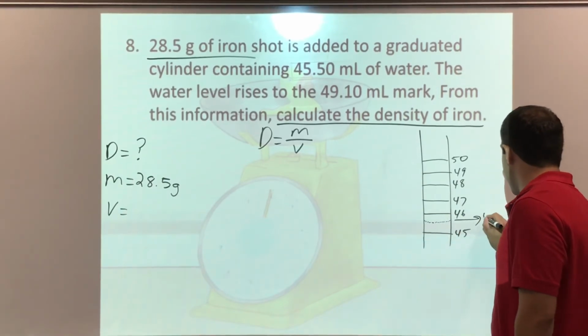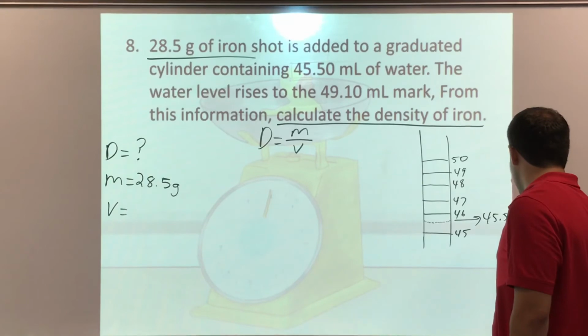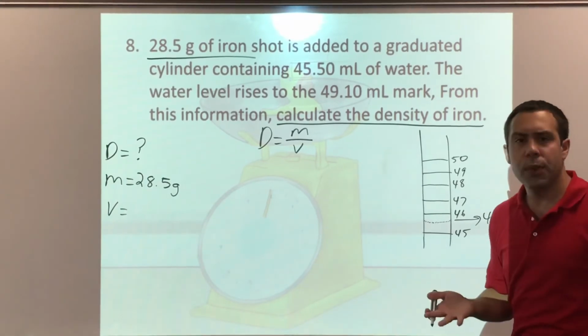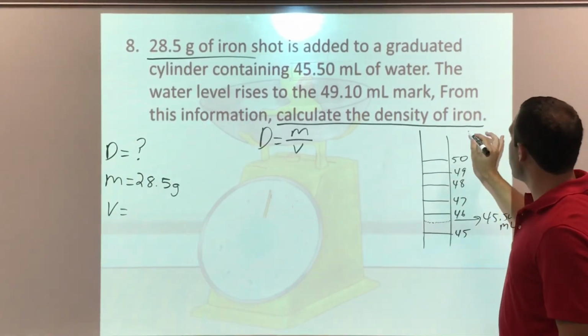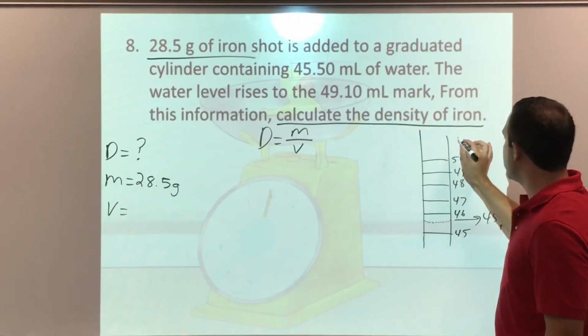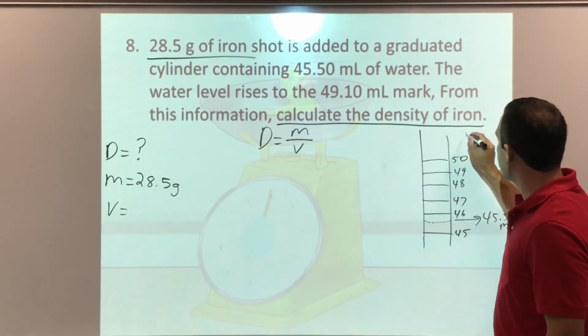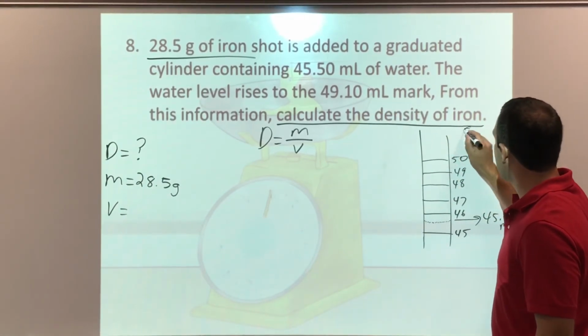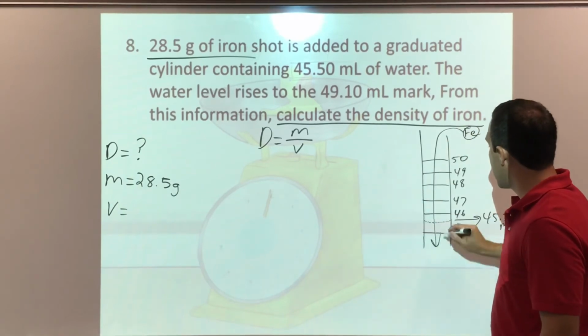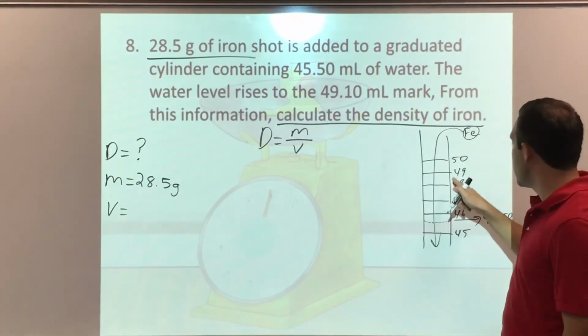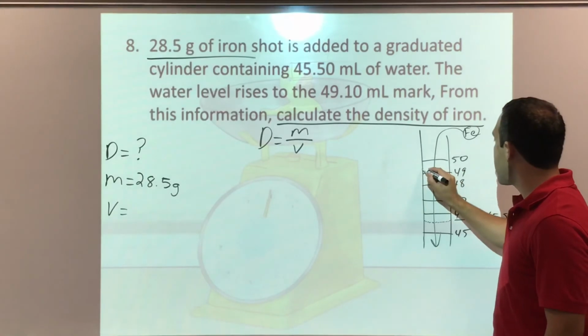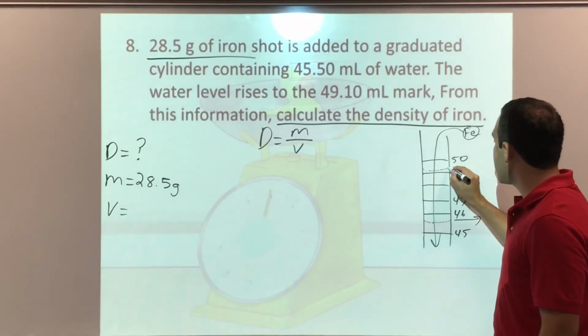That's when we started. Then we threw the object in, in this case the iron shot went in. So I'll put Fe for iron. That went in. Then the water level rose to 49.1, so something about right about here.